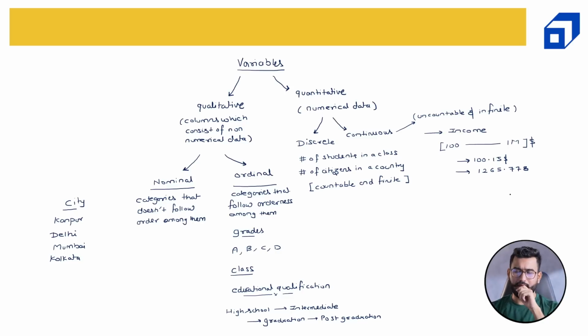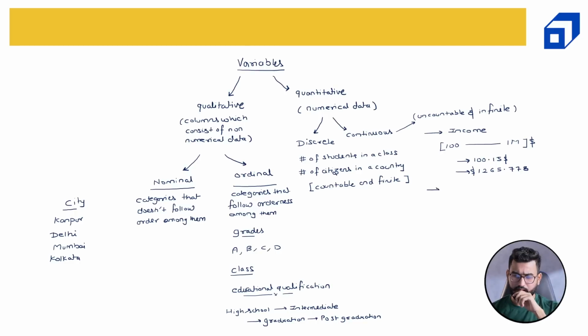I'm taking more decimal values just to make you guys understand that this is also a possible value which can exist and which is practically possible. So a person can earn this number also, right? So between 100 and 1 million, I have endless possibilities, and each possibility or each observation is possible to exist.